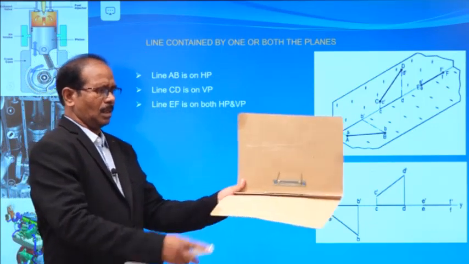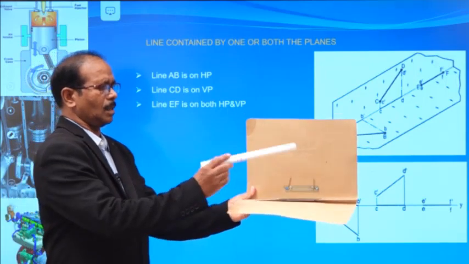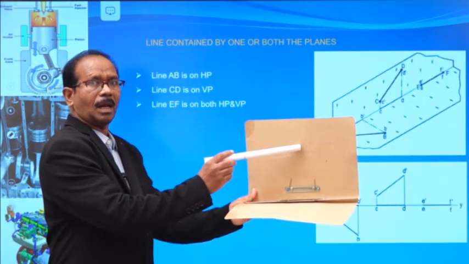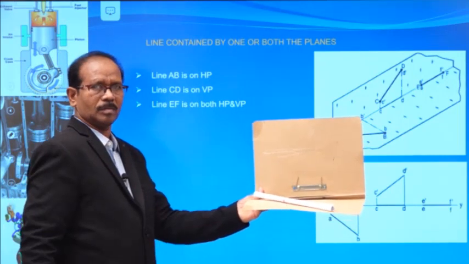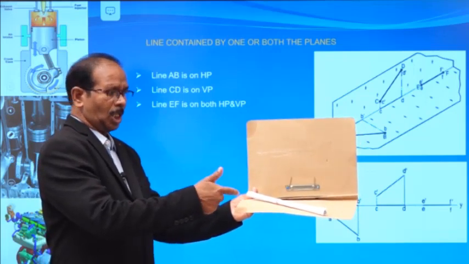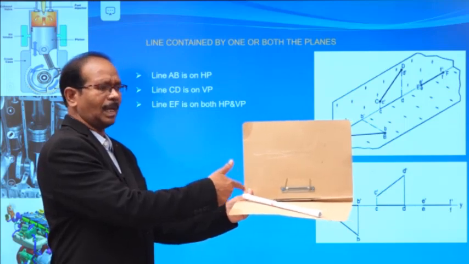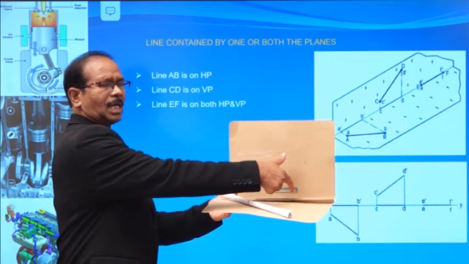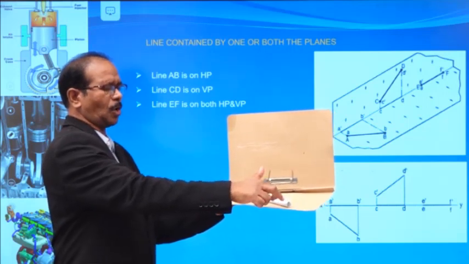Now, say this is the quadrant, this is the horizontal plane, this is the vertical plane. Line on horizontal plane. Let us observe this one. Line on horizontal plane, its front view, say for example, this is the point A, A dash on XY line, B dash on XY line, A, small b, its top view.